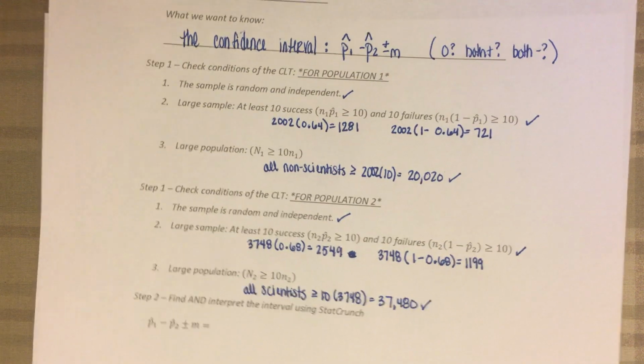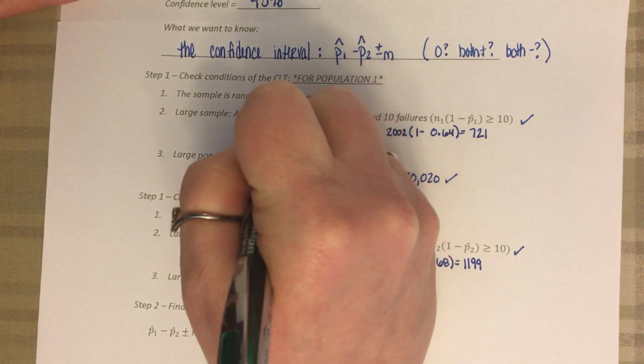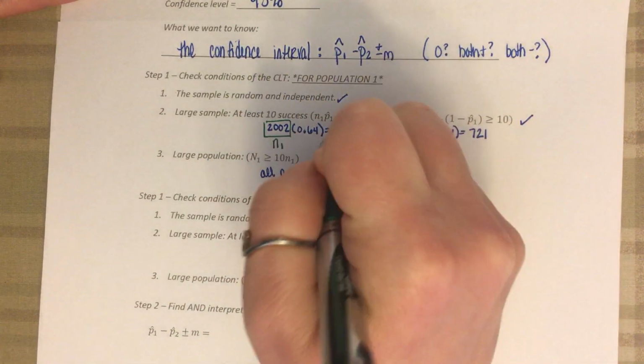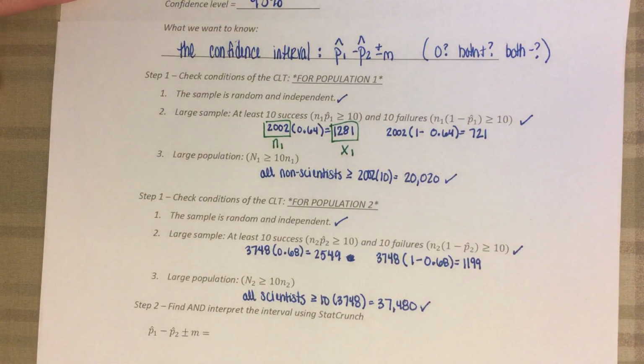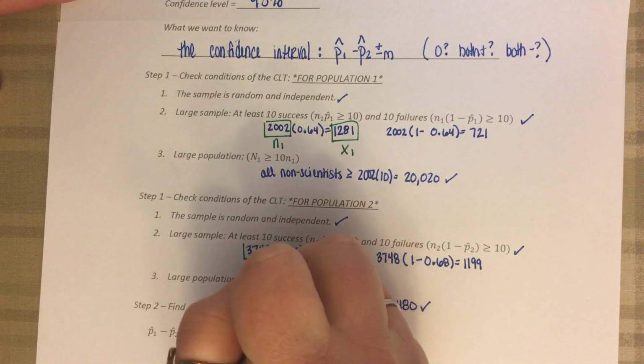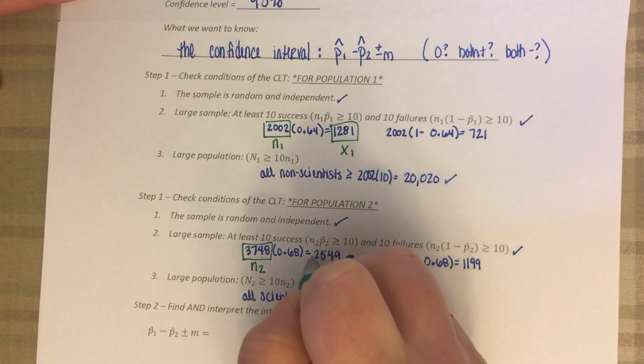All right, as far as the values that we're going to enter into StatCrunch, N1 is our 2,002. X1 is our number of successes, which is 1,281. N2 is 3,748.